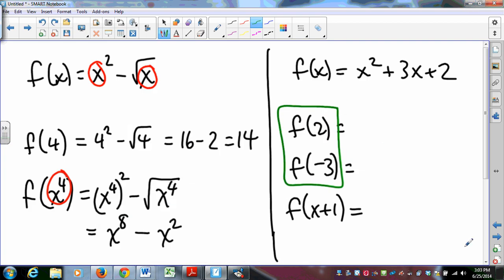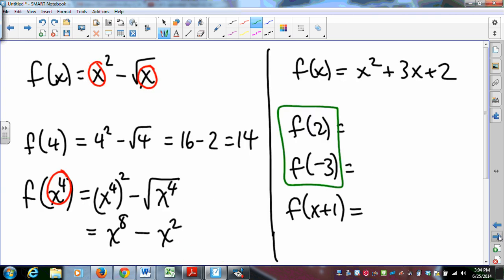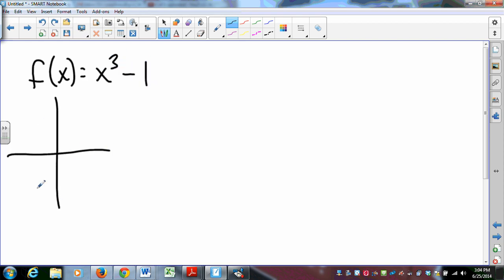All right, on to this domain and range business, because back over here, we had information about domain and range, and the domain turns out to be the set of all the inputs, and the range turns out to be the set of all the outputs. Now, most of the functions that you will study are polynomials. So if you have something like x cubed minus 1, anytime you have a polynomial, the domain runs from negative infinity to infinity.